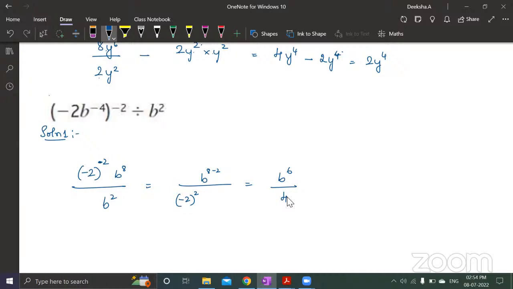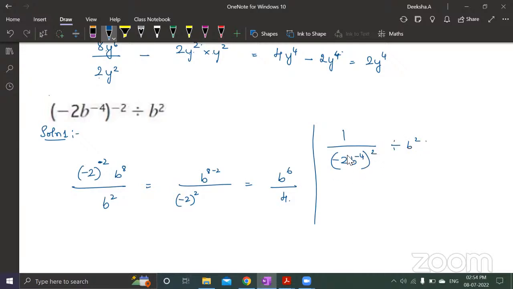Another way is first removing all the negative powers. So what you can do is make this negative power positive by writing it in the denominator. So 1 by minus 2b power minus 4 whole power 2. Now you have to first multiply this, divided by b square.